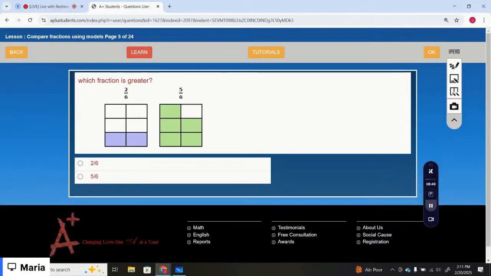Which fraction is greater? 2 by 6 and 5 by 6.